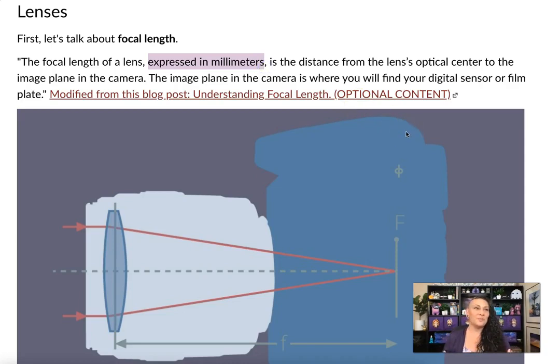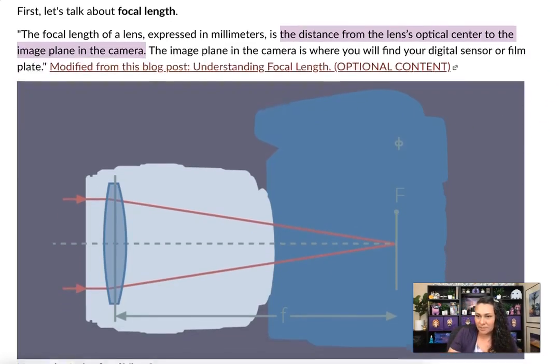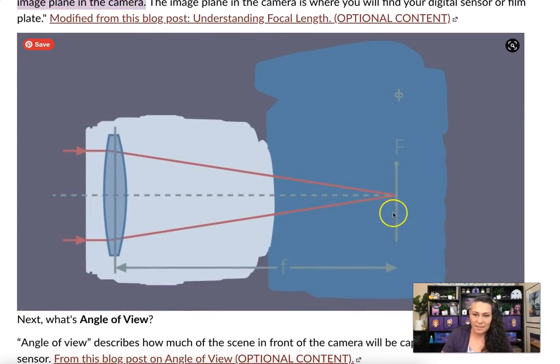So when you hear people say 16 millimeter or 35 millimeter or 50 or 70 or 200 millimeter, we're talking about how big that lens is, and specifically the distance from the lens optical center to the image plane in the camera. The image plane would be this right here, and that's where your sensor is if we're talking about DSLRs or mirrorless cameras.